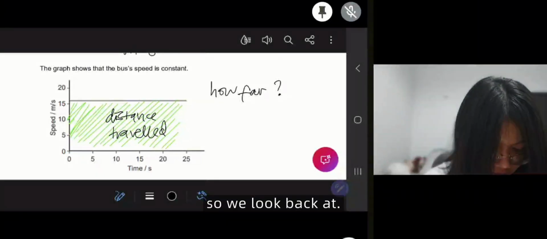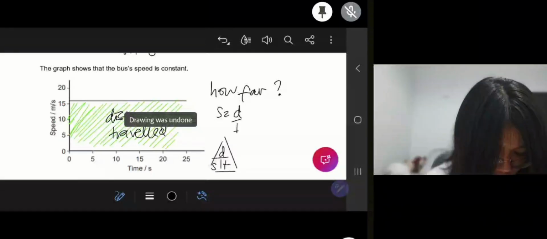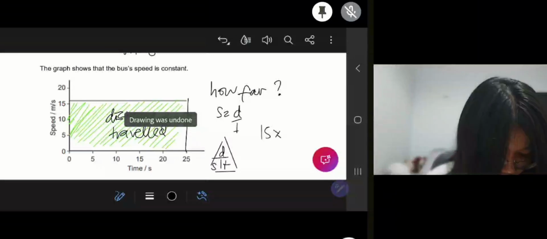Now, we look back at the formula, speed equals distance over time. So to find the distance he traveled, we have to multiply speed and time. So the speed here is 15 times 15 seconds.